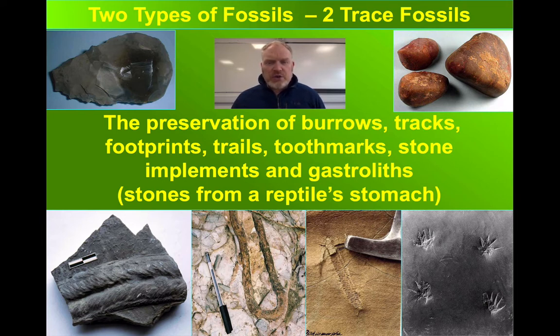But it could also include things like teeth marks. For human fossils, stone implements are an important piece of evidence. Even gastroliths, the stones that dinosaurs ate to help them grind up their food. All of these are fossils, and these again can give us some crucial bits of evidence about past life.